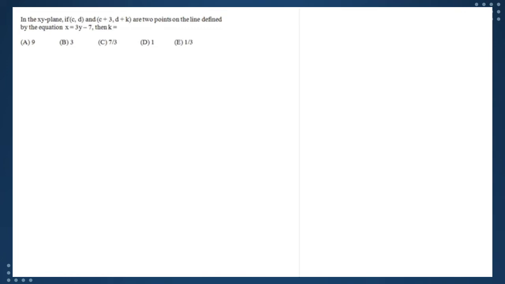So the first equation is simply going to be C equals 3D minus 7. The second equation is going to be C plus 3 equals 3 times (D plus K) minus 7. So if we focus in on the right side equation, we get C plus 3 equals 3D plus 3K minus 7.